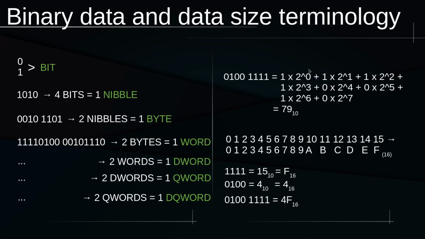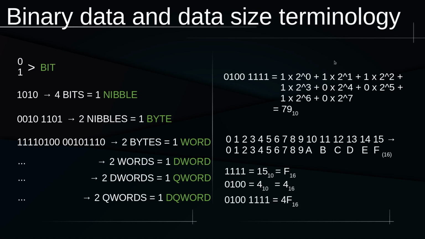Well, we can convert that into base 10 using this formula that I taught you here, and that result is 4. Since it's 0 times 2 to the power of 0, and 0 times 2 to the power of 1, those are both 0.